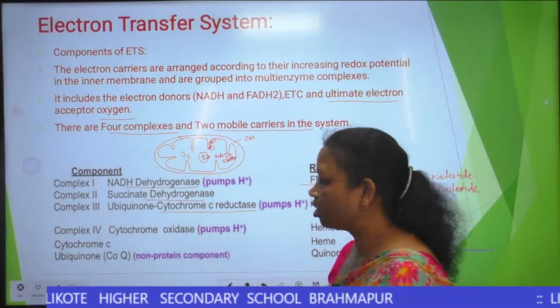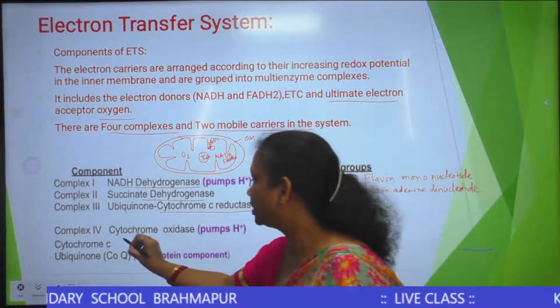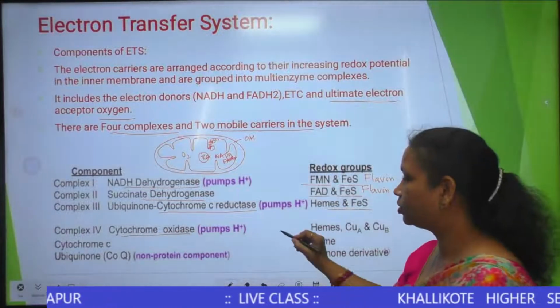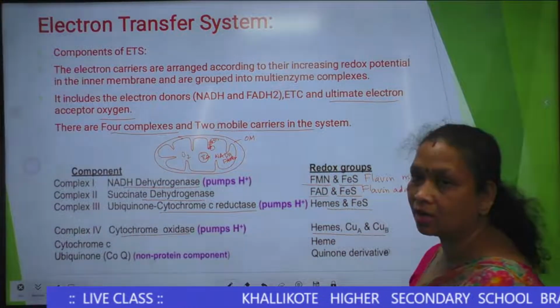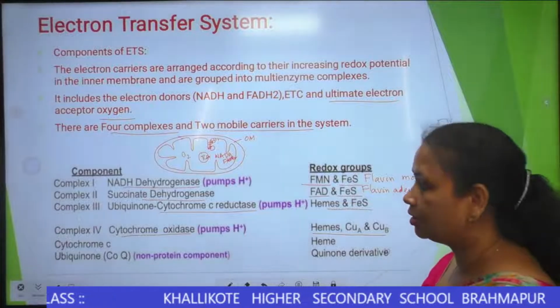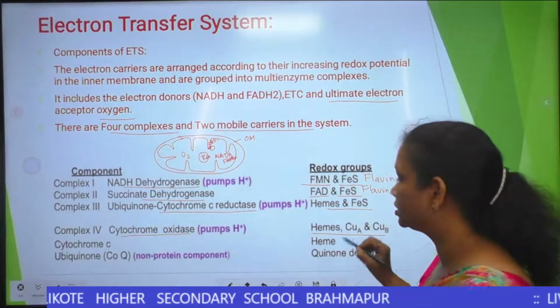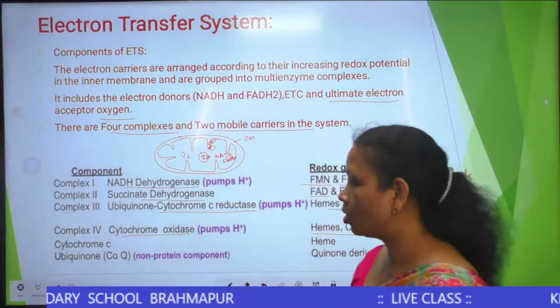The fourth and last complex is cytochrome oxidase, cytochrome AA3. It also has copper along with iron in the complex. Here copper can also be reduced and oxidized along with the iron component in cytochrome oxidase.